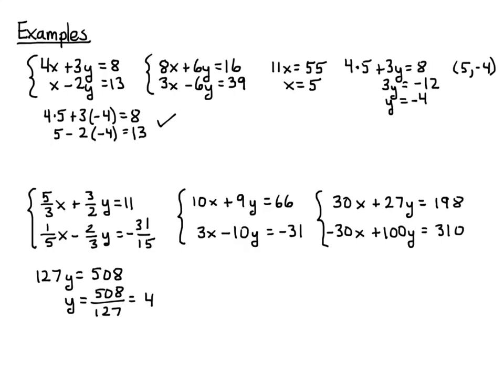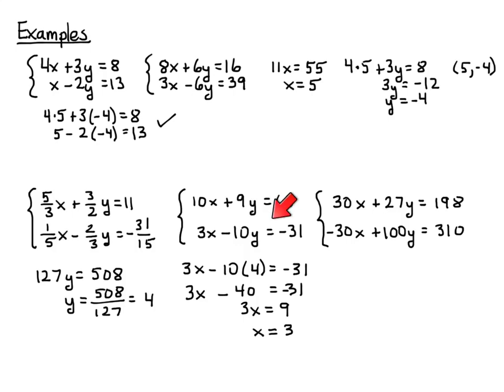And so then I'll go back to one of my equations, and in this case I'm going to use this equation to find out what x is, because that's an easy equation for me. I got 4 times -10 is pretty easy, and so I substitute my y, which is known at that point, solve for x, and I get x equals 3.